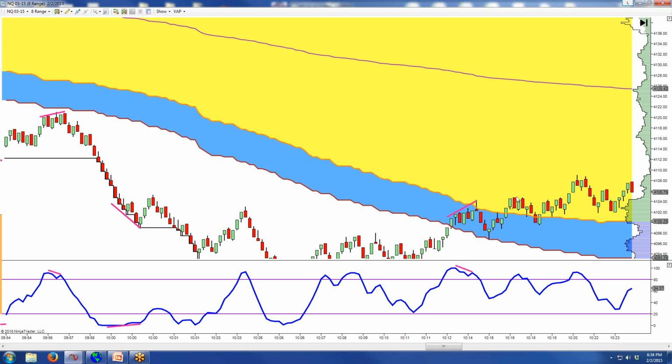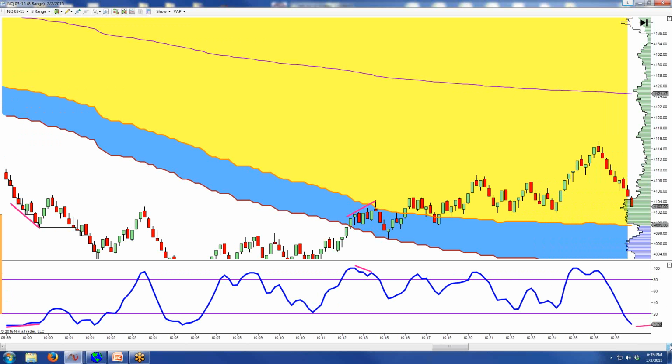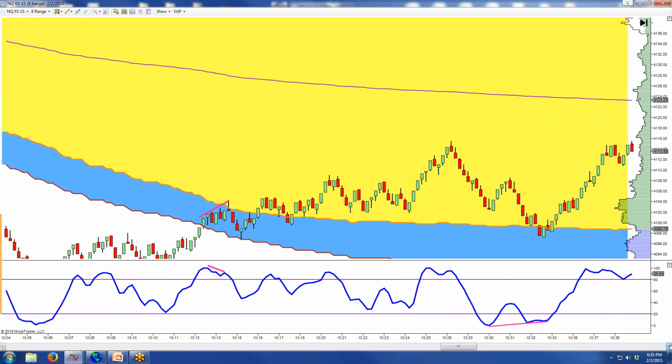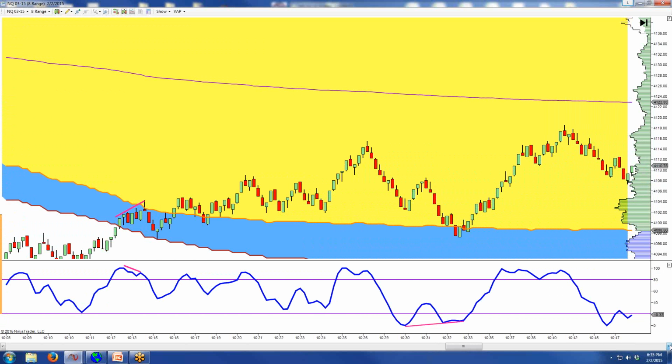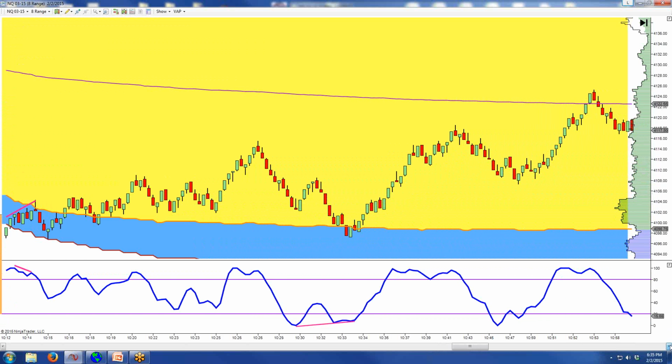Then we wind up breaking through. So you can be really aggressive and just buy it, or you can wait for a retest of that low value area and buy it, or wait till you have divergence in that area, or just confirm it with order flow and buy it. It really comes down to your aggressiveness and your personal trading plan.